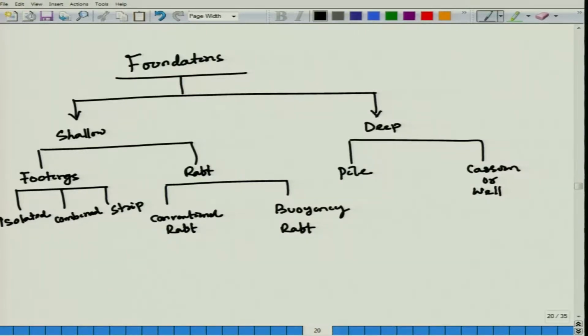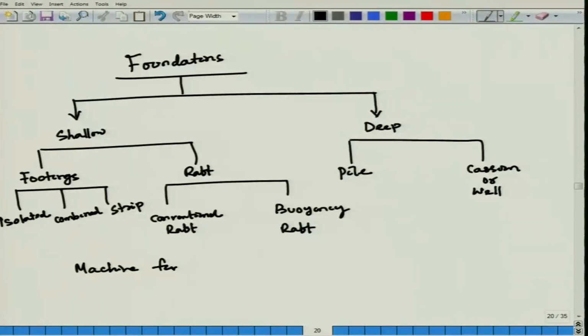In footing, first is the isolated footing, second is the combined footing, third is the strip footing. The raft foundation is classified into two: conventional raft and buoyancy raft. And deep foundation, if I make it into two parts, one is your pile foundation, other is your caisson as well as retaining walls. This is all about your foundations.